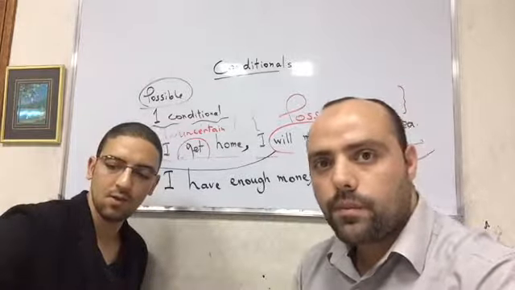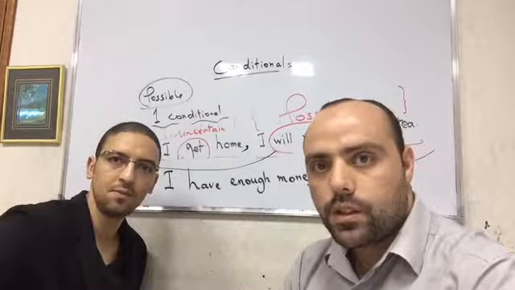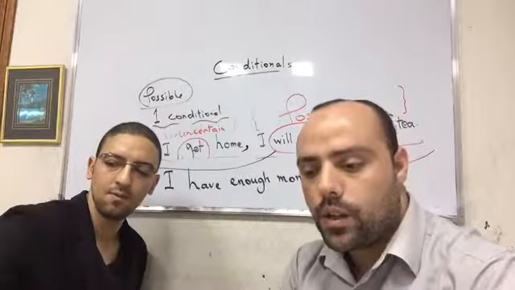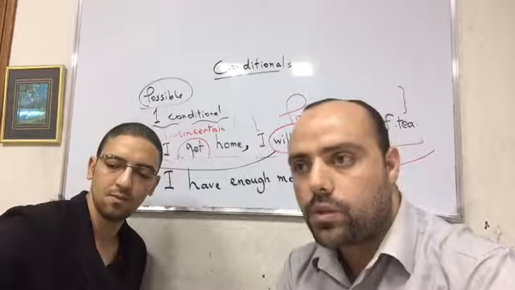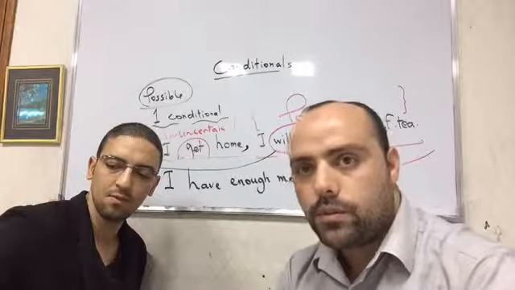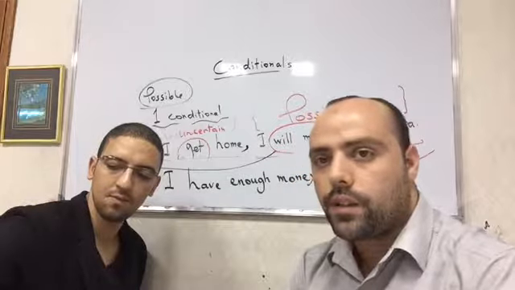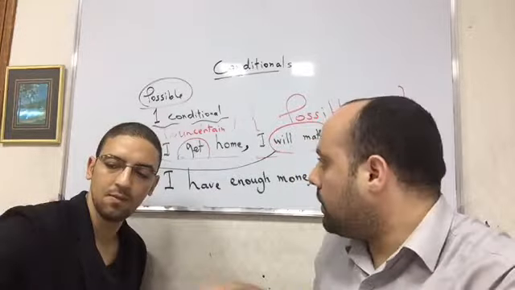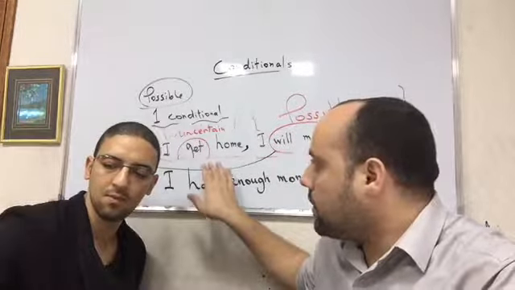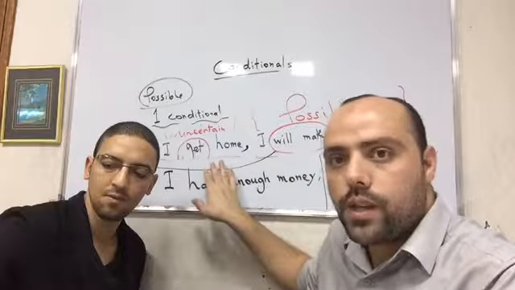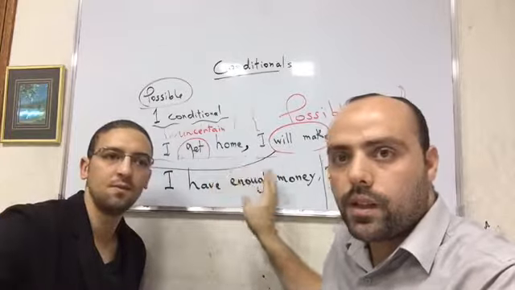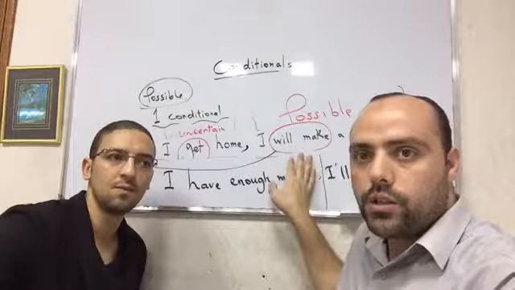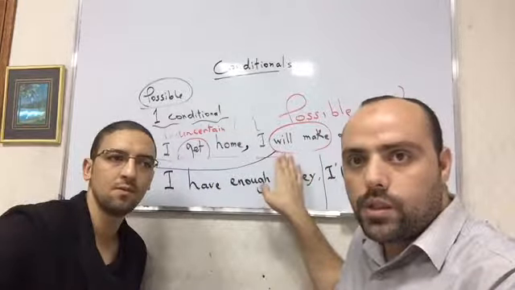And also the first conditional of if, you can use it to express a possible action, an action which is possible to happen. You're going to use the first if conditional, and its form is: the if clause should have the verb in the present simple tense, and the second result clause should have will, which is a modal verb.